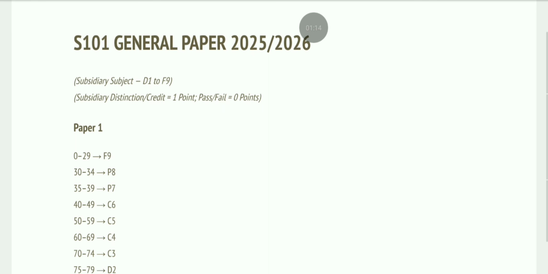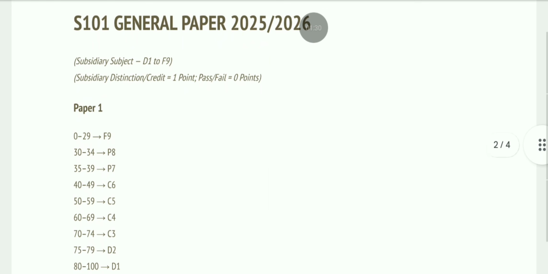For those that got a pass, they got 0 points. So if you got a distinction and a credit, you had a point, and if you got a pass and an F, you got 0 points.